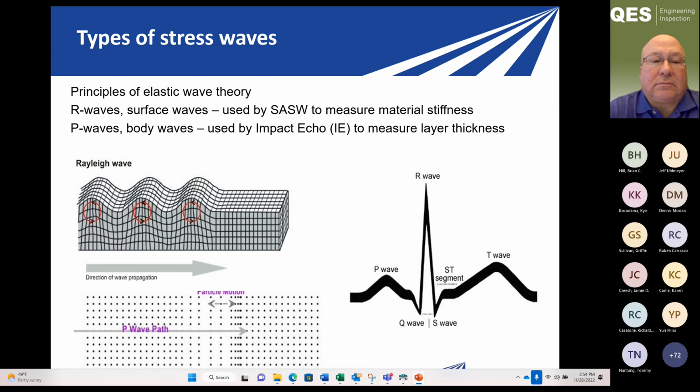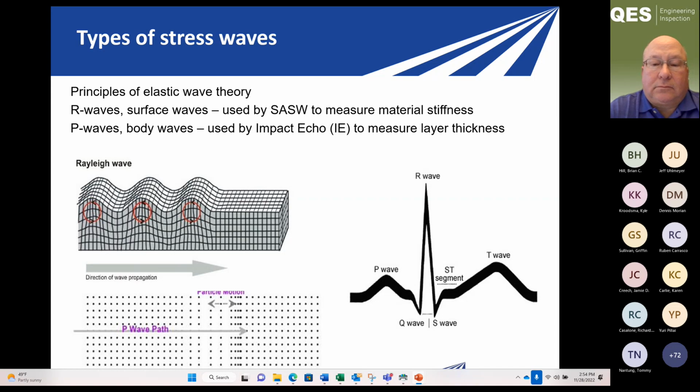This is another description of the physics behind the waves. The top plot is the Rayleigh wave. The Rayleigh wave, or surface wave, only travels along the free surface. That's really the key thing to know about it. It's a reverse elliptical particle motion, and different frequencies penetrate to different depths.